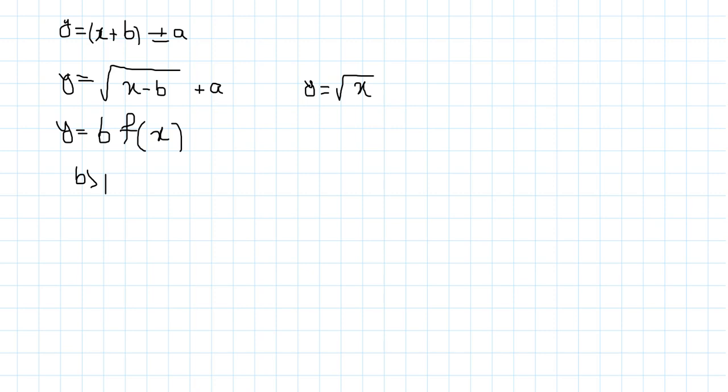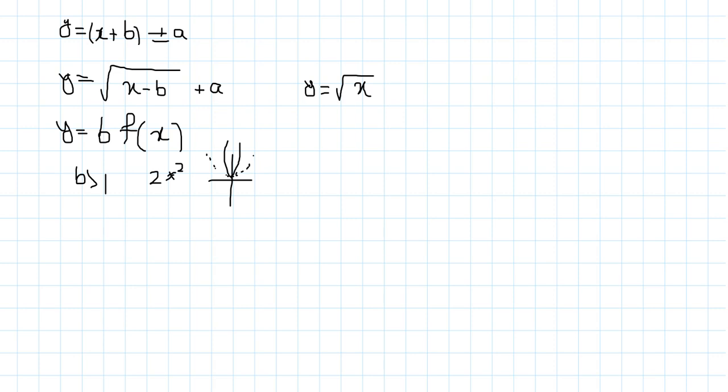Suppose that you have, for example, 2x squared. Because the factor is more than 1, you should stretch the graph. 2x squared means stretching the graph of x squared vertically. Okay, and 4x squared is like this, even more vertically.